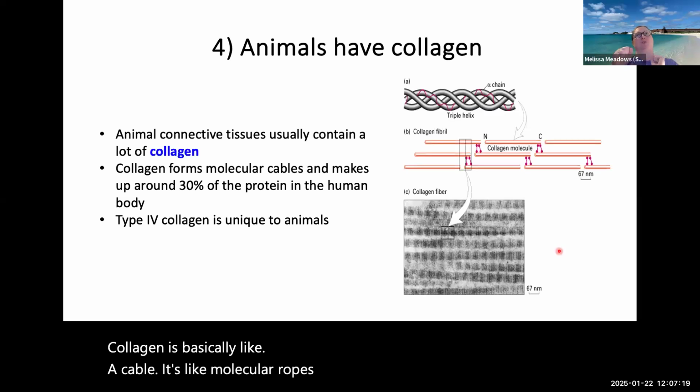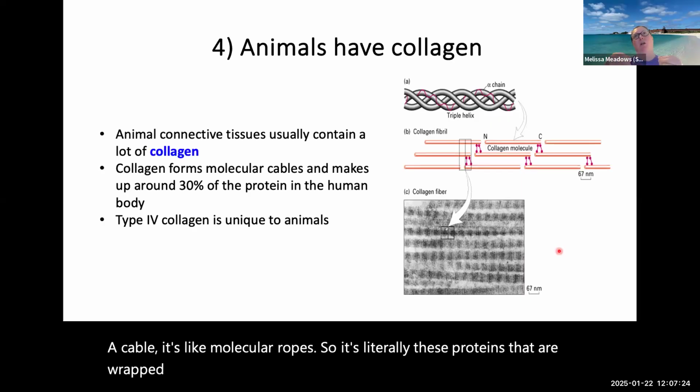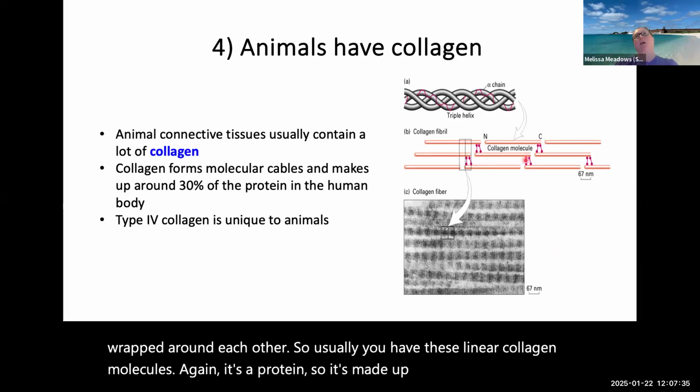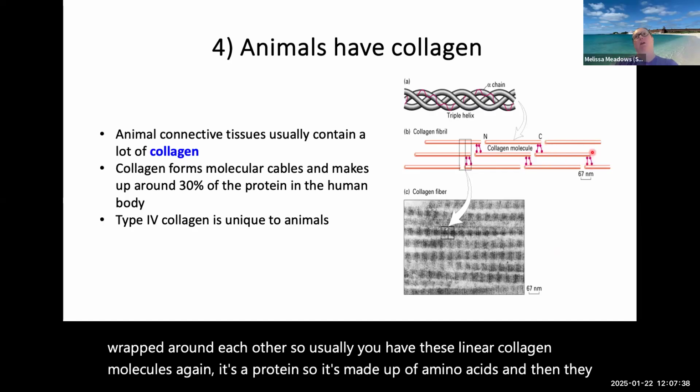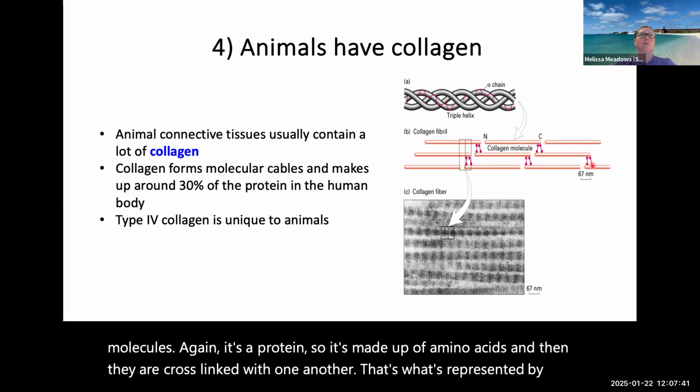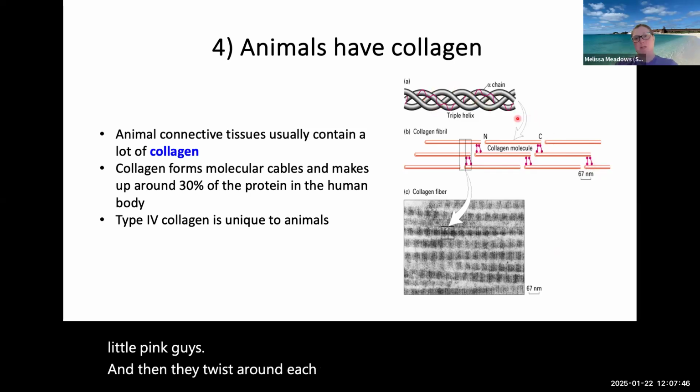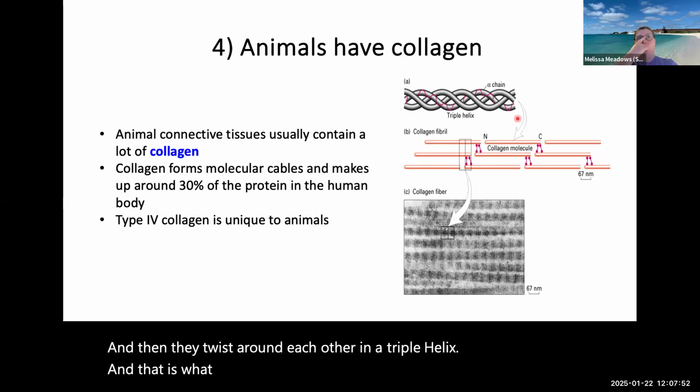So it's literally these proteins that are wrapped around each other. So usually you have these linear collagen molecules. Again, it's a protein, so it's made up of amino acids, and then they are cross-linked with one another. That's what's represented by these little pink guys. And then they twist around each other in a triple helix. And that is what makes them so strong. So it's literally like how the structure of a rope is made.